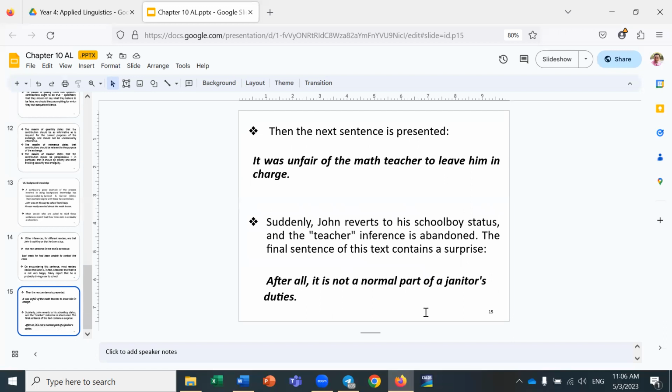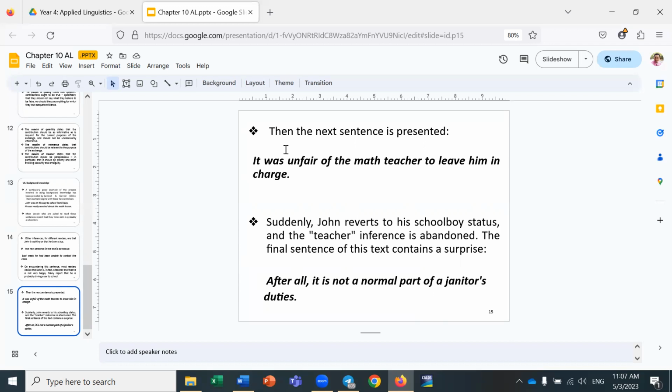Then the next sentence is presented. It was unfair of the math teacher to leave him in charge. You see? Now, when you read the fourth sentence here, it is a big surprise. Okay, it is a big surprise because in the third sentence, you all say that John is actually a teacher and John is probably driving to school.